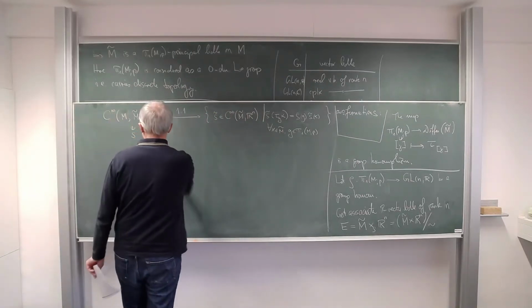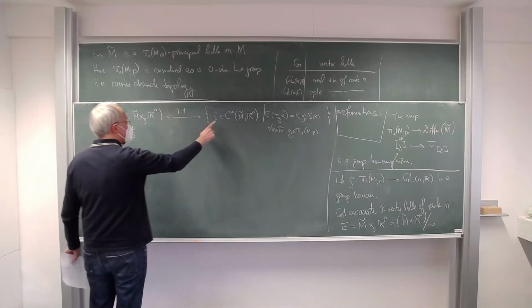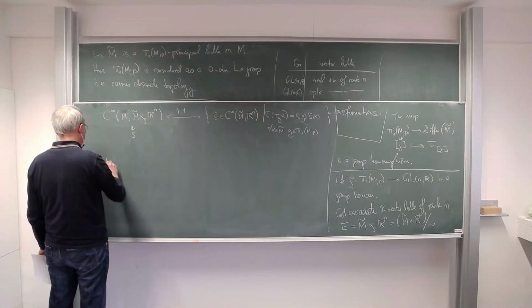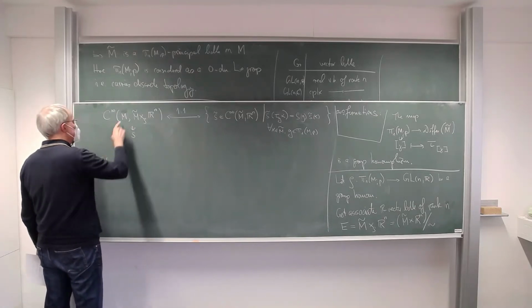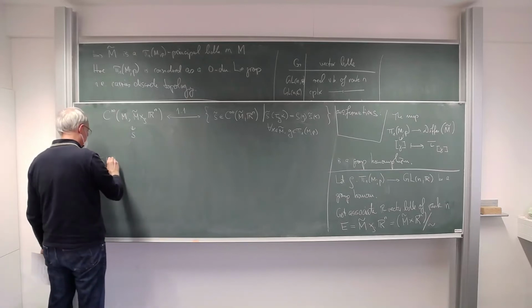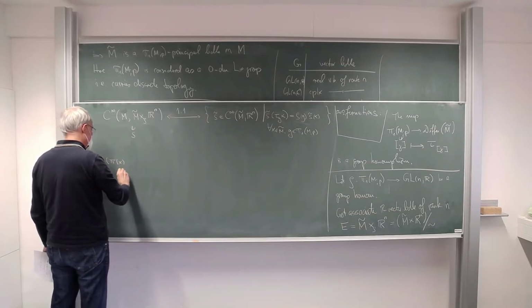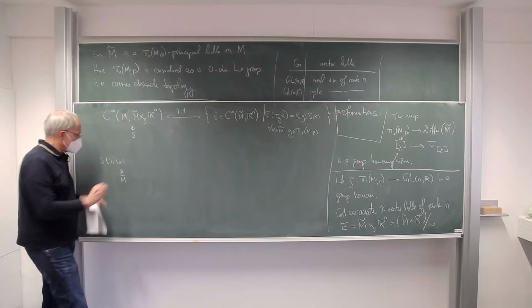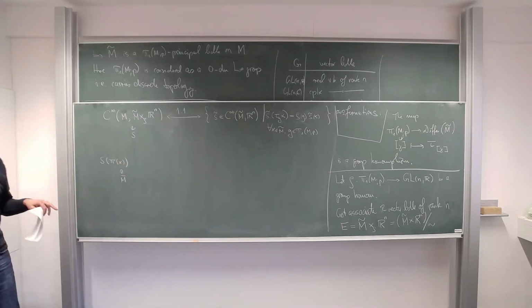What's the relation? If I have such a map, then I can write down a section S. This lives on M, not on the universal cover. So I can apply my section to pi of some point x in M tilde, and every point in M is of the form pi of x. So pi is the projection of the universal covering.